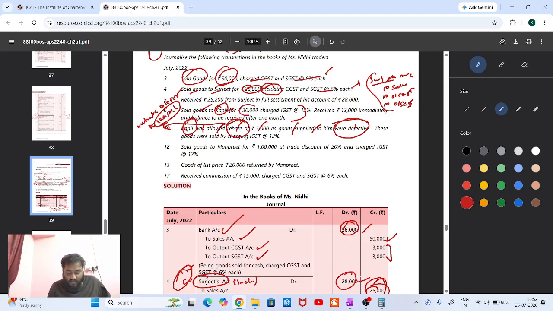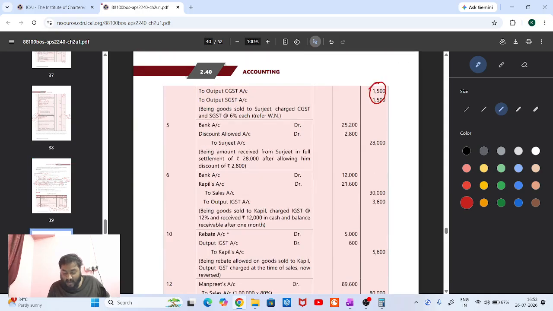Sold goods to Kapil 30,000, GST 12%. Debtor account debit to sales, Kapil account debit to sales, output IGST. Received 12,000. Kapil account will be reduced by 12,000 and bank account will be increased by 12,000. Basically, bank account debit, Kapil account debit to sales, output GST.